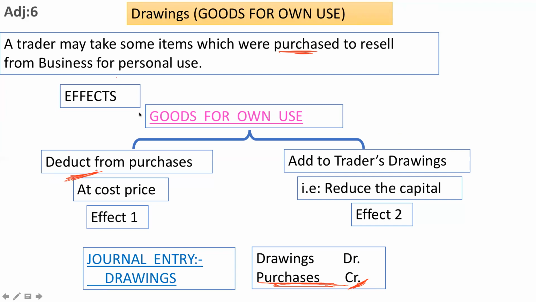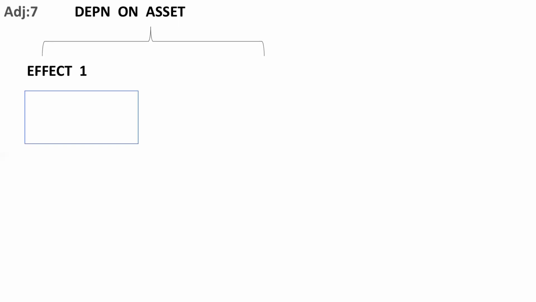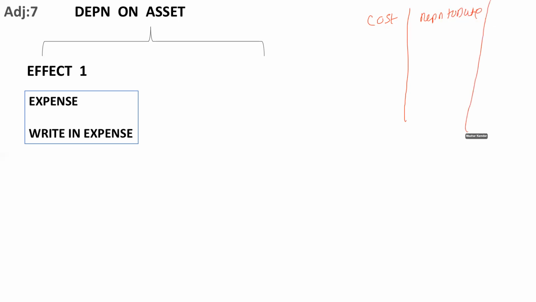Next adjustment that I would be studying is depreciation on assets. Depreciation on an asset is an expense for the business, so we will write it as an expense. Second, we always have cost, depreciation to date, and net book value, 3 columns on the asset side of our balance sheet.